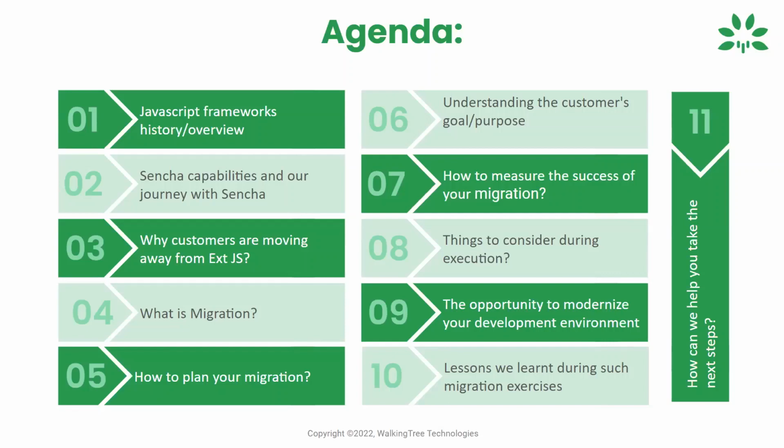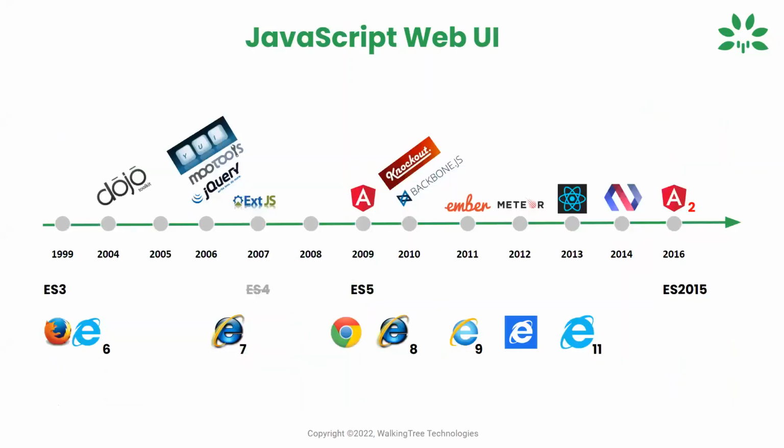Now, to start with the first agenda point, the JavaScript frameworks and the history overview of the JavaScript frameworks. Moving on to the next slide. As we can see in the timeline of these JavaScript frameworks, it was in the late 1990s that JavaScript evolved more.